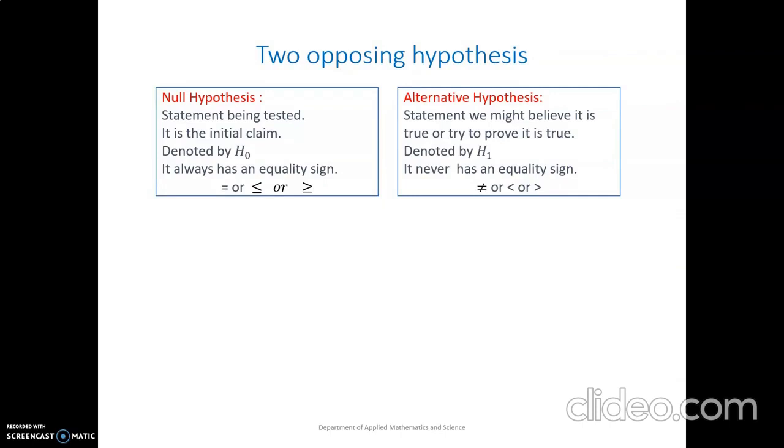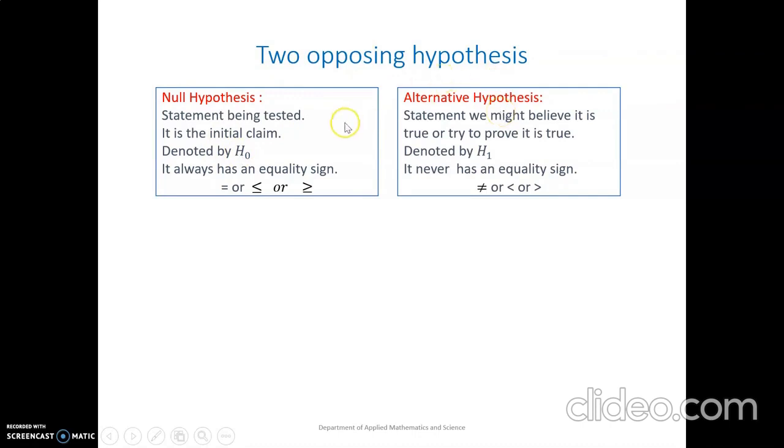So what we call these two claims: one we call the null hypothesis, and this hypothesis or statement is what you want to test. That is the null hypothesis. The alternative hypothesis usually is a statement that you might believe is true or you try to prove is true. The null hypothesis is denoted by H0 and the alternative hypothesis is denoted by H1.